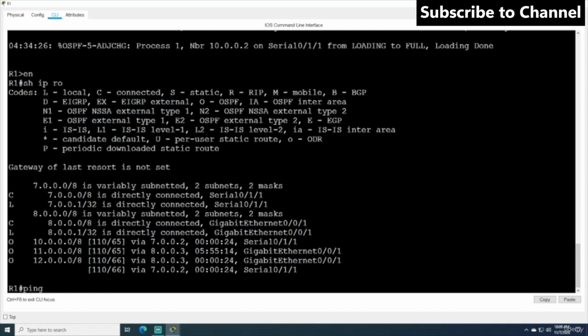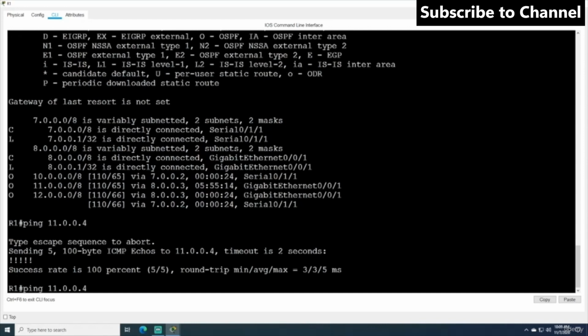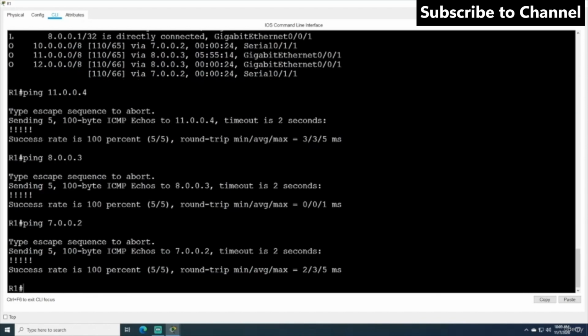How about the 11,000 network router 4? And yes, we can. Can we ping router 3? Let's see. Router 3 would be 8,003. Yes, we can. And of course, I expect we can ping router 2 over our serial link.